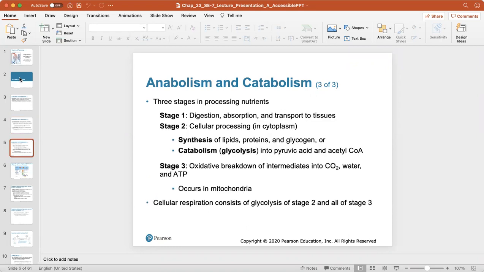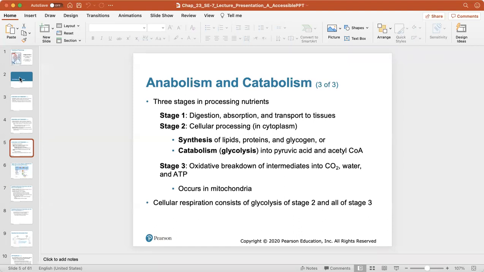There are three stages in processing nutrients. Stage one is the digestion, absorption, and transport to the tissues, which we talked a little bit about in our digestive system PowerPoint. Stage two is the cellular processing in the cytoplasm, where we synthesize lipids, proteins, and glycogen, or we catabolize them, or glycolysis. We split apart glucose into pyruvic acid and acetyl-CoA.